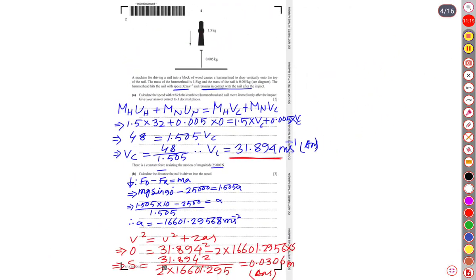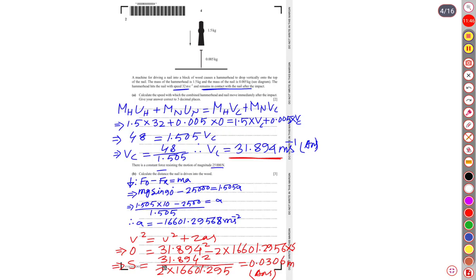So it was very simple to find. In the first case, you may get confused with the application of concept. Simply think that there are two objects, one hitting the other, so it is a collision. So we have to find the velocity before and after the collision, for which we always apply the conservation of momentum. Then in the second case, they have told us to find distance.